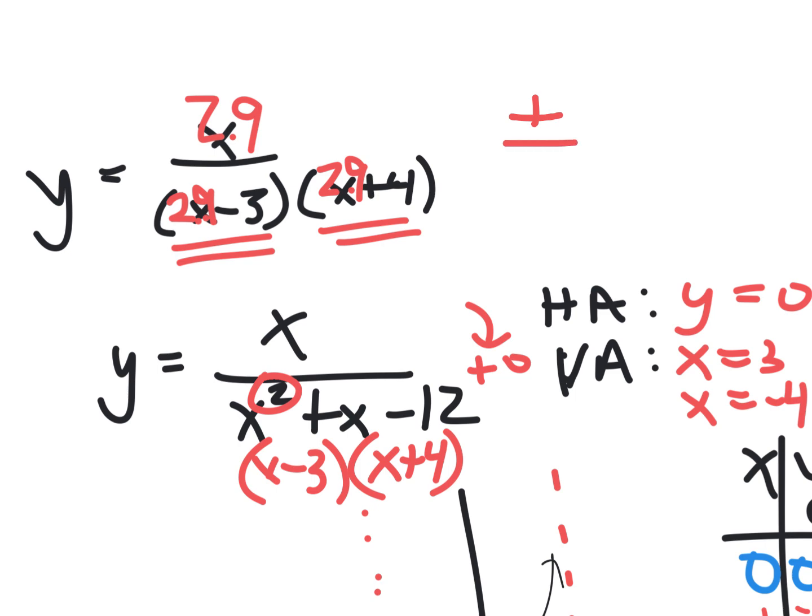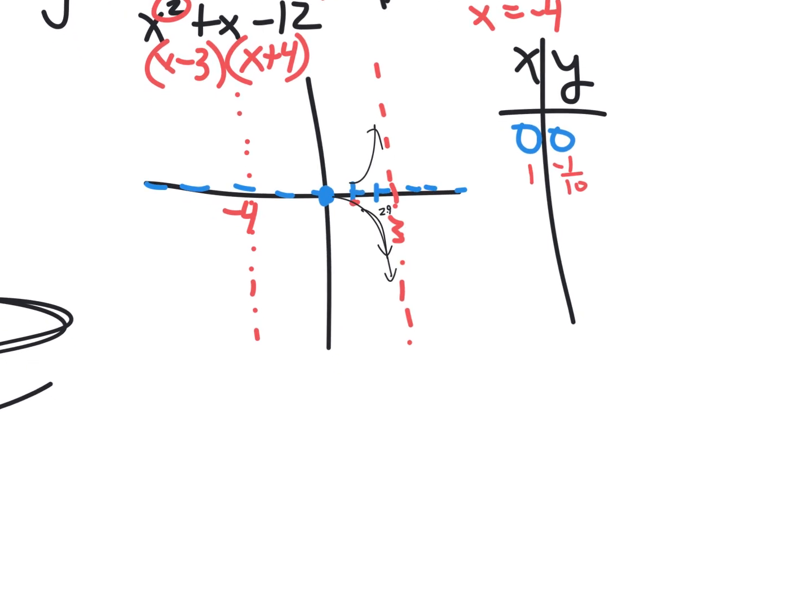So I got a positive over a negative times a positive. What does that come out to? That comes out negative. That means I know it's going down. Because I tested about as close to the asymptote as I could. It came out to a big negative number too. But I don't really even care. I just care that it came out negative, so therefore it's going down. It is not going up.